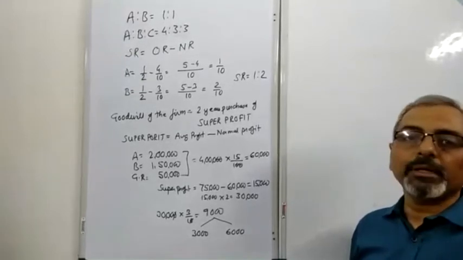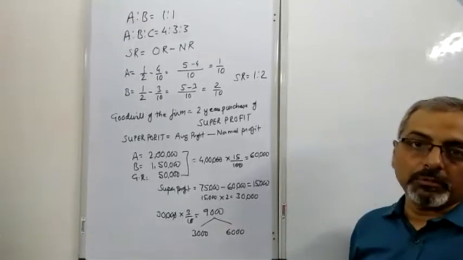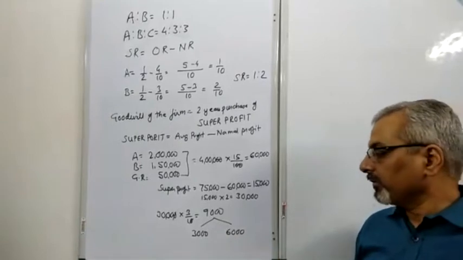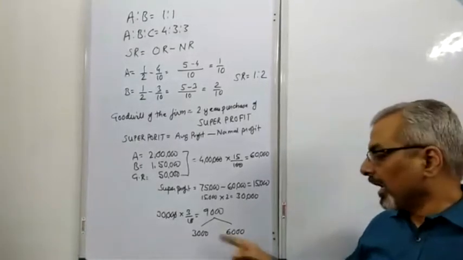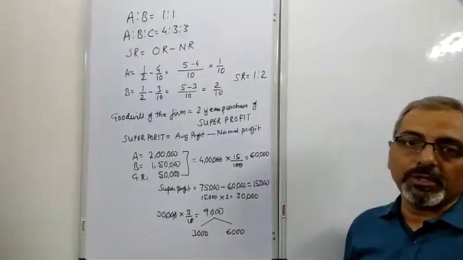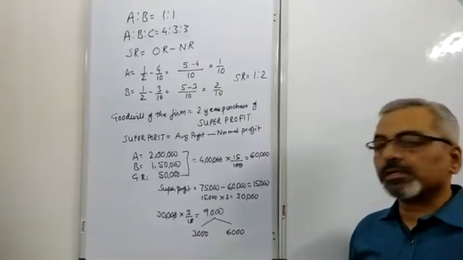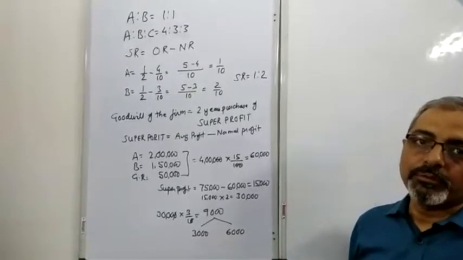That is, A and B have withdrawn half the goodwill which has been given to them. Half the amount of 3,000 will be 1,500 and half the amount of 6,000 will be 3,000 that will be withdrawn.